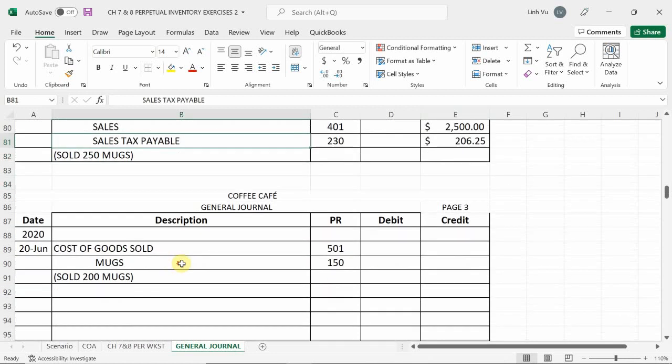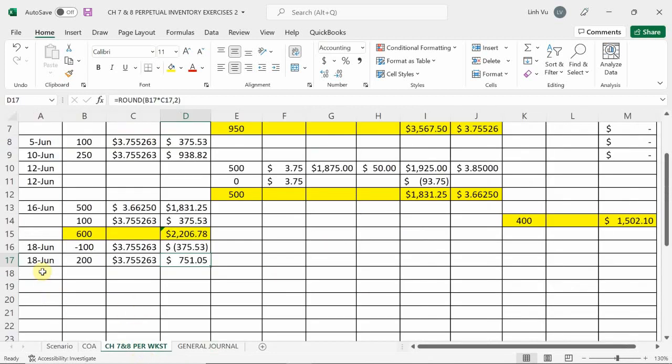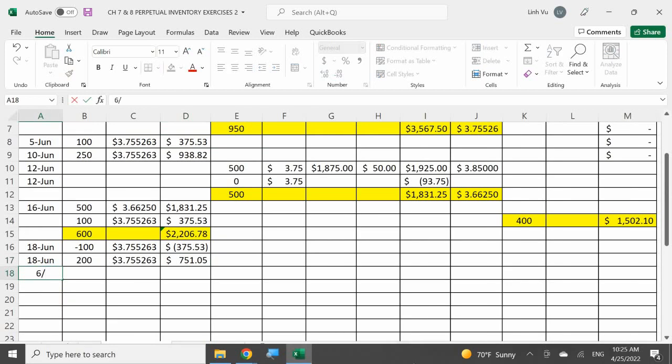Now we also have to calculate what we sold. Go back to your inventory worksheet, because we sold an additional 250 units.